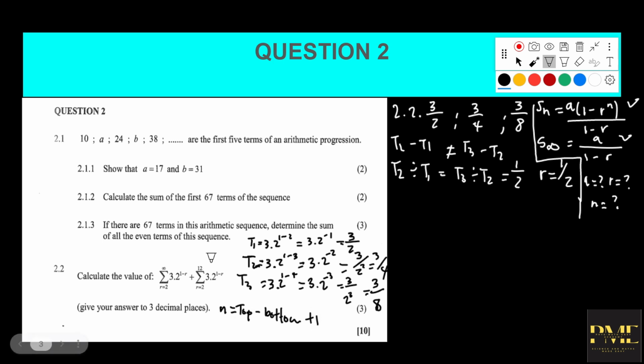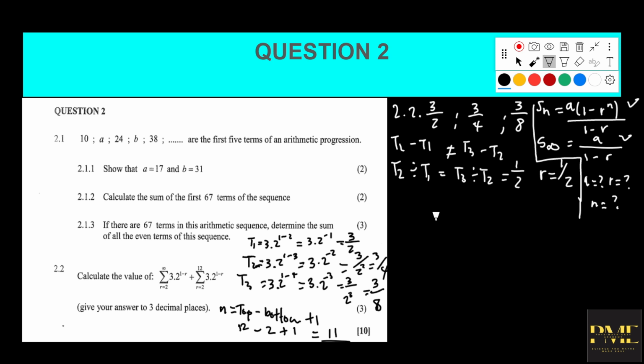So the top figure there is 12 minus your bottom figure there, which is 2, plus 1, which is equal to 11. So basically this question says calculate your sum to 11 terms for a sequence, and we have seen that it is a geometric sequence.